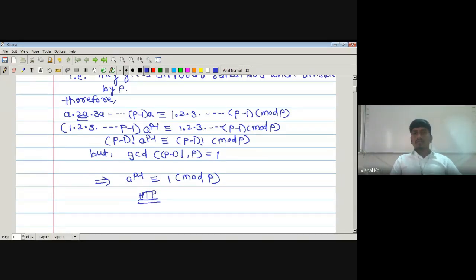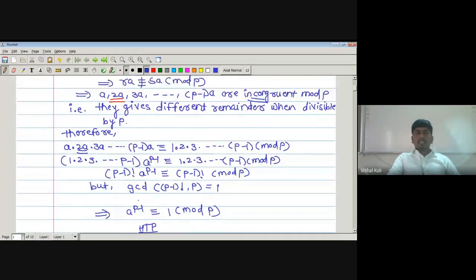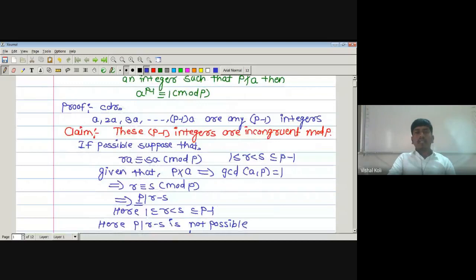First we have to take any p minus 1 integers that are multiples of a: a, 2a, 3a up to so on p minus 1 times a. After that we have to prove that these p minus 1 integers are incongruent modulo p, and for that we consider arbitrary integers r and s such that ra and sa are congruent modulo p.